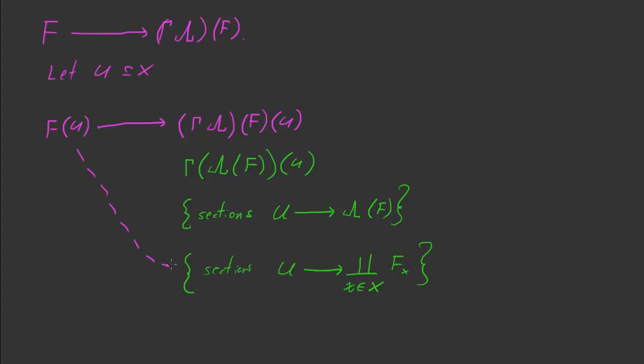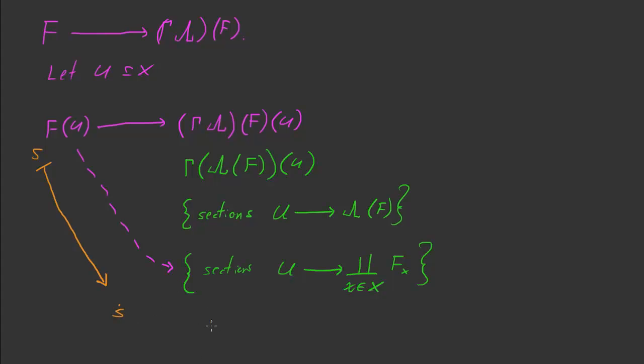And it is not hard to guess what this map is going to be, because we've already defined some element in here associated to things inside of F of U. So what this map is going to be is the map that sends s in here to s dot. And s dot is this thing that we defined earlier.